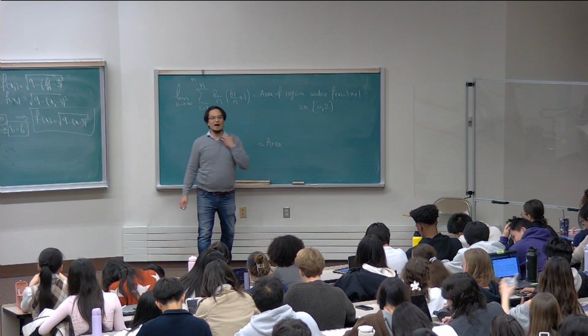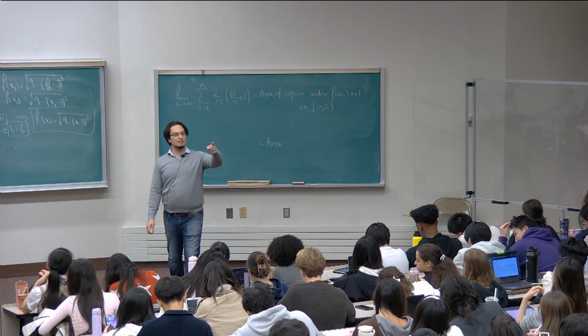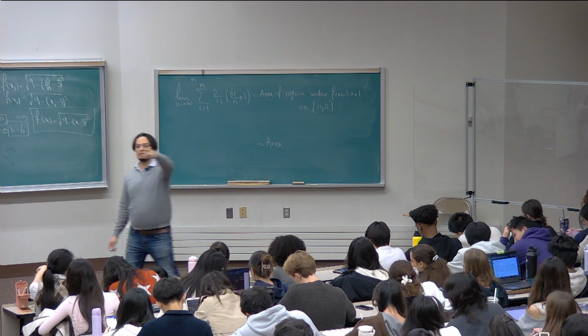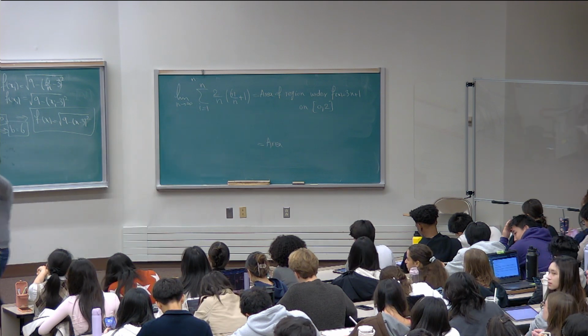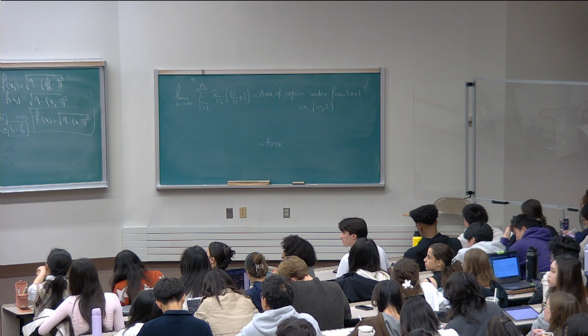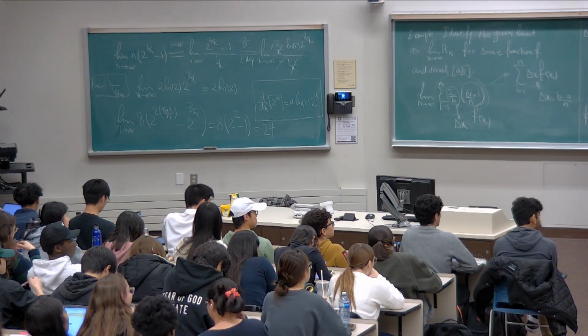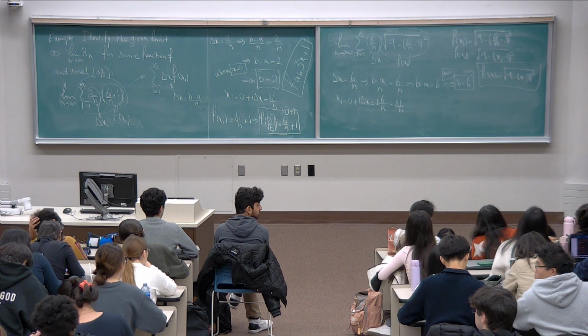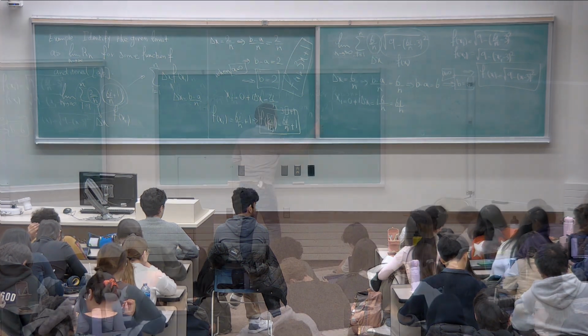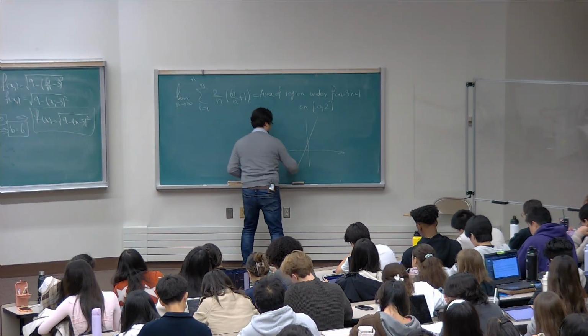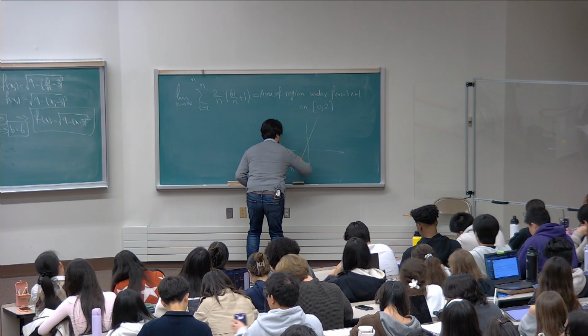Did anyone find that area for me? Yes? No. Someone said yes? Oh, thank you. Can you tell us how you found it? Oh, you want to show? Oh, wait. Okay, let us go through this quickly. This is y equal to 3x plus 1.